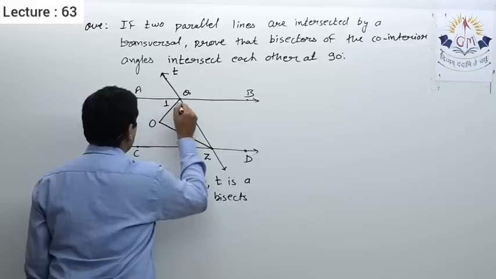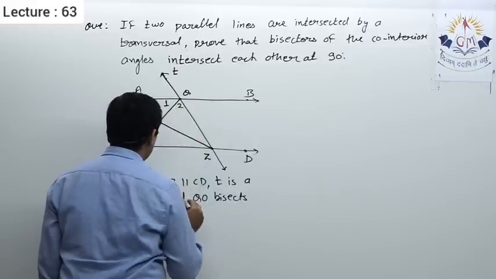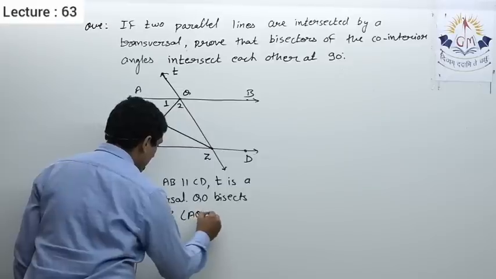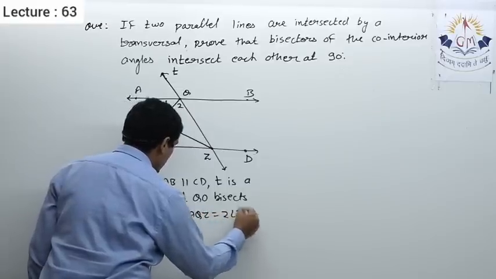So angle AQZ is equal to twice of angle 1.